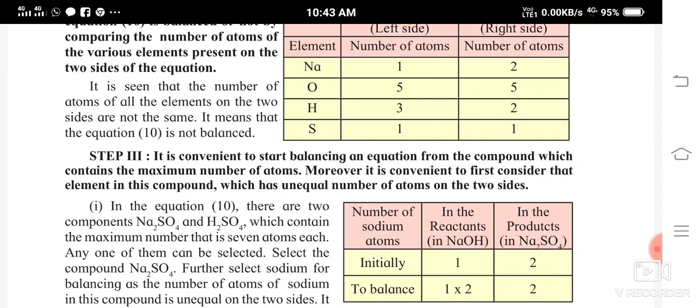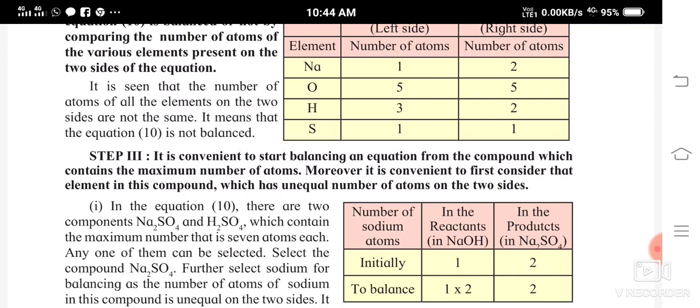Now step 3: it is convenient to start balancing an equation from the compound which contains the maximum number of atoms. So what you have to do? You have to balance an equation from the compound which contains the maximum number of atoms. Moreover, it is convenient to first consider that element in this compound which has an unequal number of atoms on the two sides.